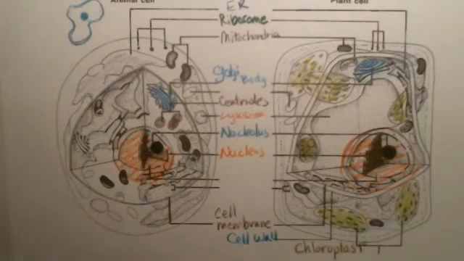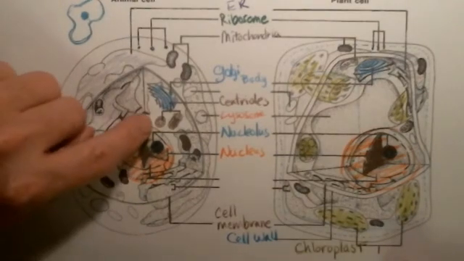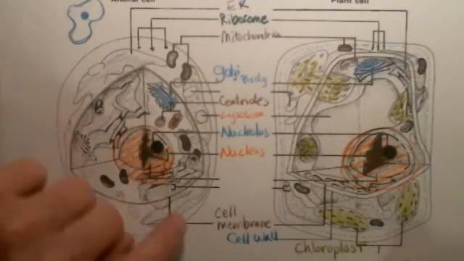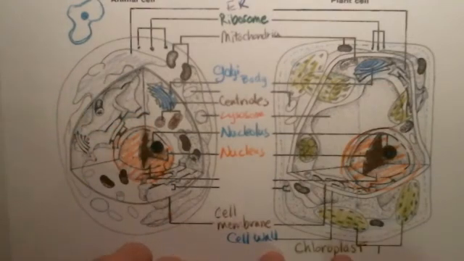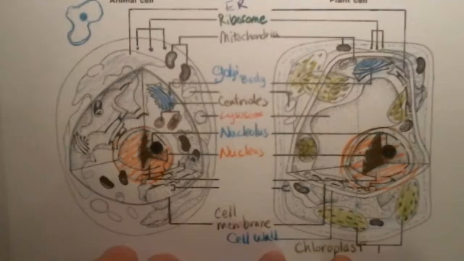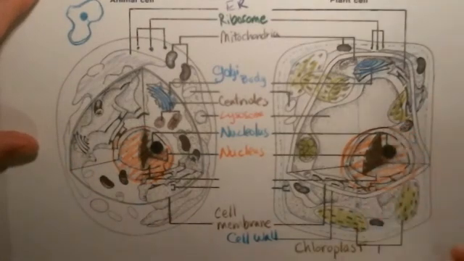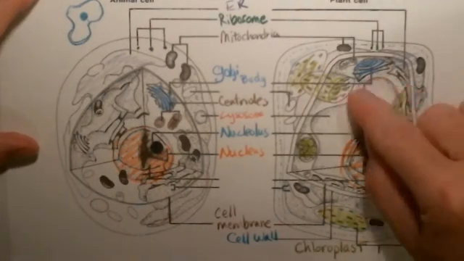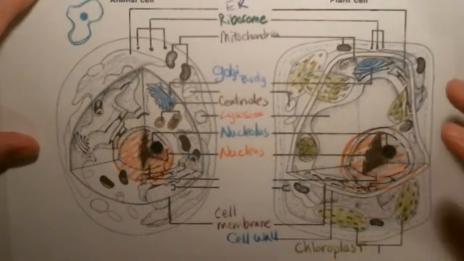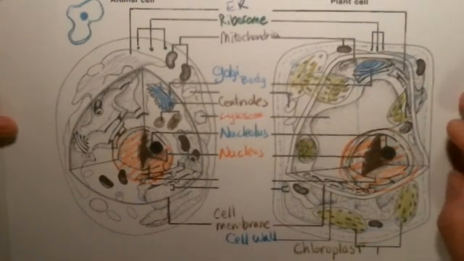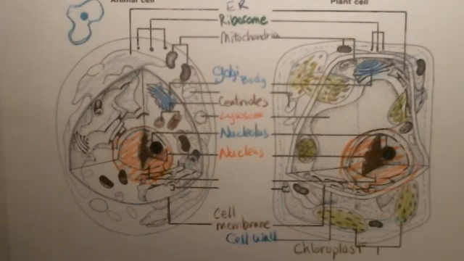These are the basic structures that are found inside a eukaryotic cell, animal cell and plant cell. It's important to note that centrioles are only found in animal cells. Cell wall and chloroplast are only found in plant cells. In plant cells, inside they typically have a very large or giant vacuole that's used to store water and a few other things, some minerals and things, but mostly for water storage.